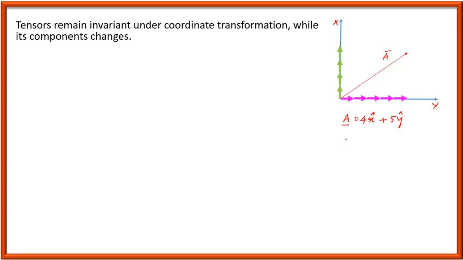Now, let me change the basis. That is, let me change the basis x dash and y dash such that x dash cap is equal to 2 times x cap and y dash cap is equal to y cap itself. Now I have changed my basis.